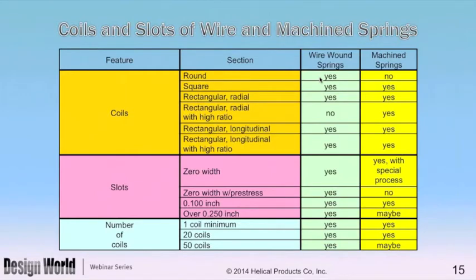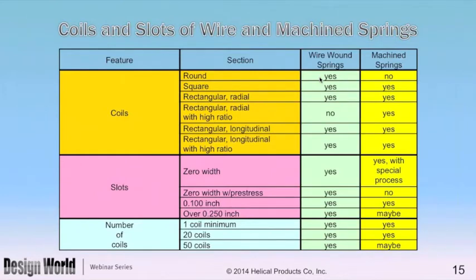The zero width slots, yes, you can close the wire wound springs, and that's available. And with machining, it can be done, but it's a little bit tricky. But we have accomplished that on special occasions.